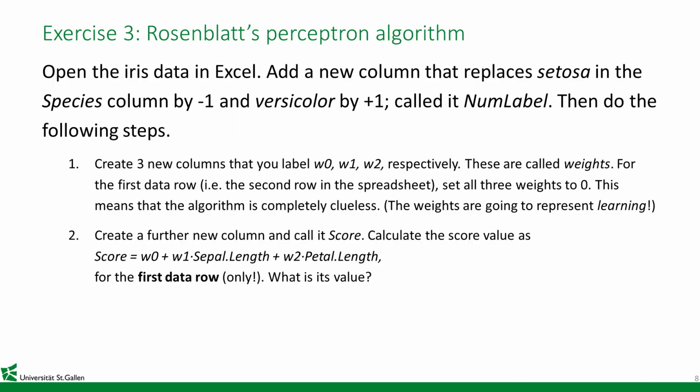We now create a new variable called score, and in it we will compute the score based on the current observations. We will use this score variable to classify observations based on estimated weights into either class. So that means into either versicolor or setosa.